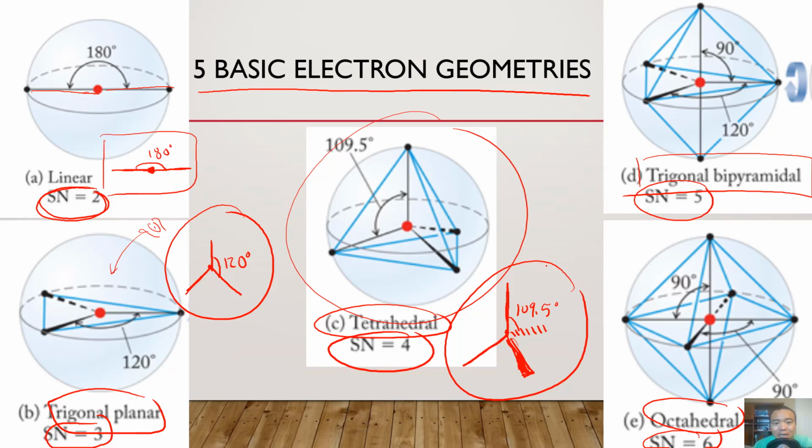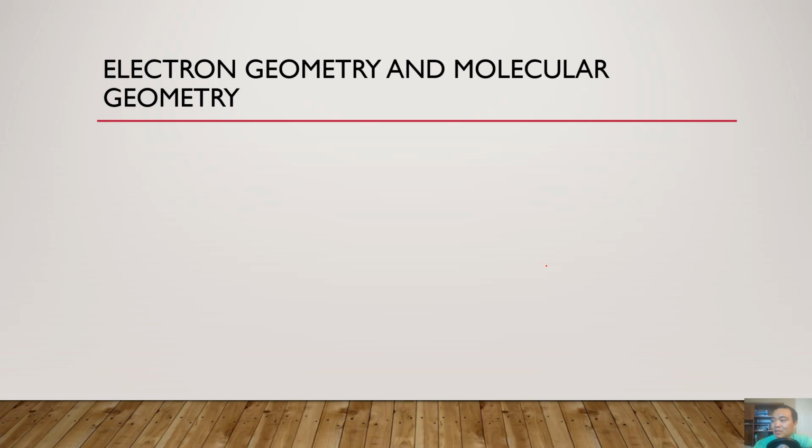So let's see how electron group geometry, or electron geometry, is related to the molecular geometry. Molecular geometry is the electron group geometry with the lone pair electrons disregarded.